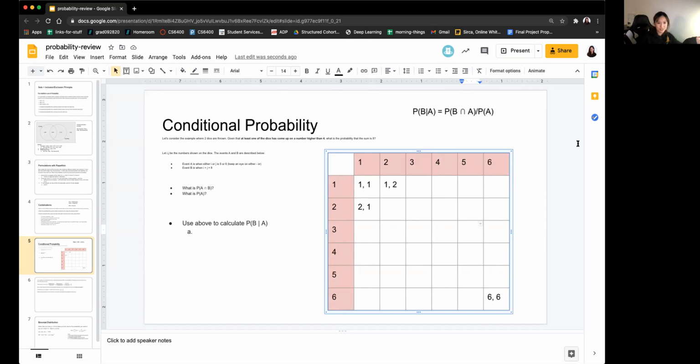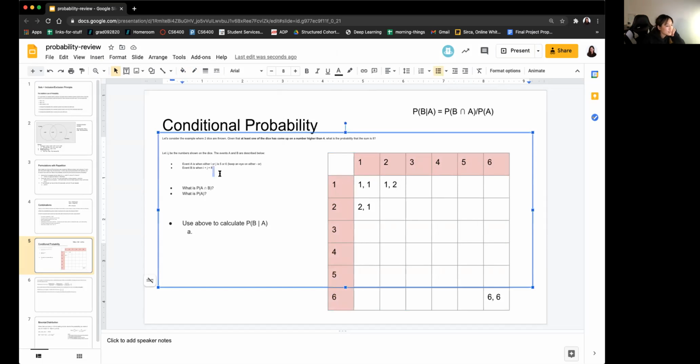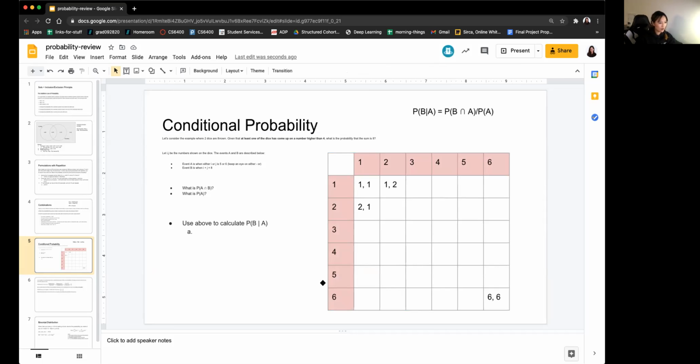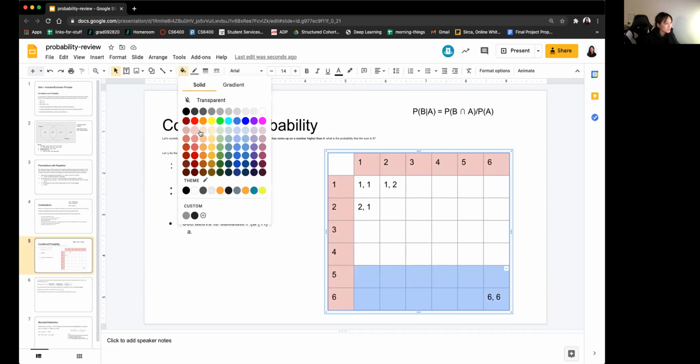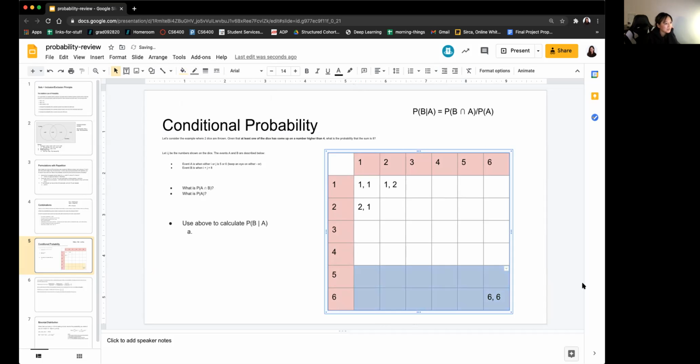So what they asked us to compute first is the event of I or J being 5 or 6. So first, let's just look at all of the options where you have either dice being 5 or 6. And because we have it set up like a table here, it's actually pretty easy to see. All of this, and let me just fill this in with, I don't know, yellow.